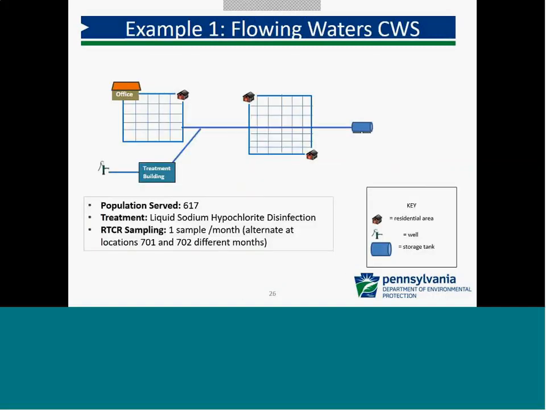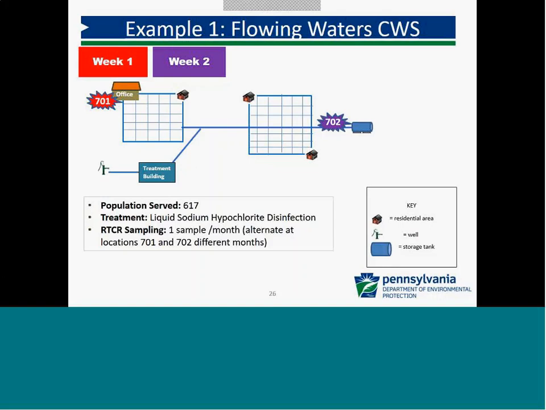So let's look at how they did this. So now we're looking at RTCR and the DRR monitoring. So this is DRR monitoring. In week 1, they collect their residual monitoring, and they could choose to do their coliform sample at that same time. However, that's identified in that plan for RTCR. But they're going to alternate in different weeks for DRR.